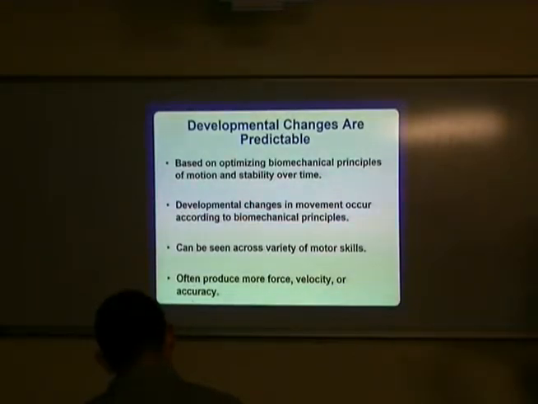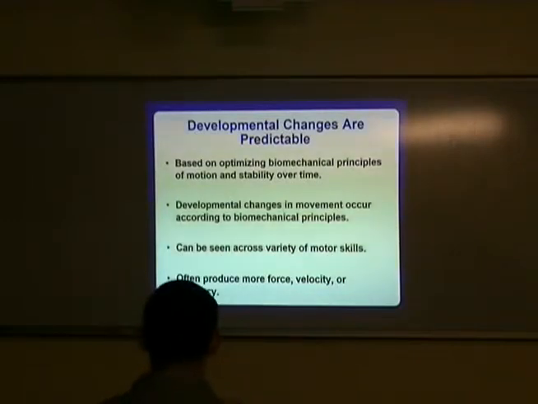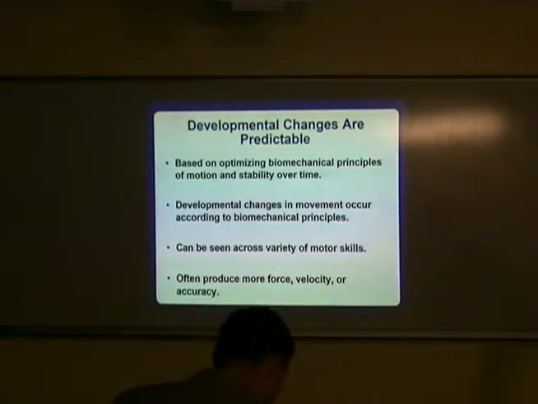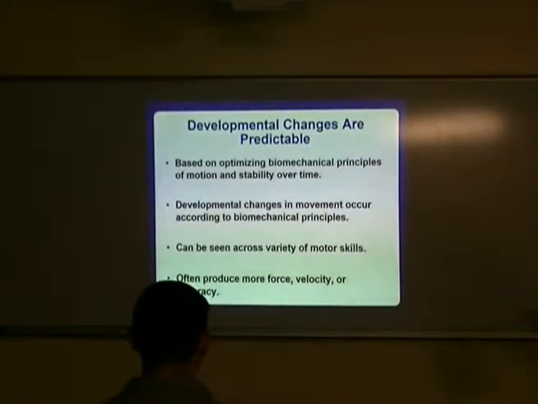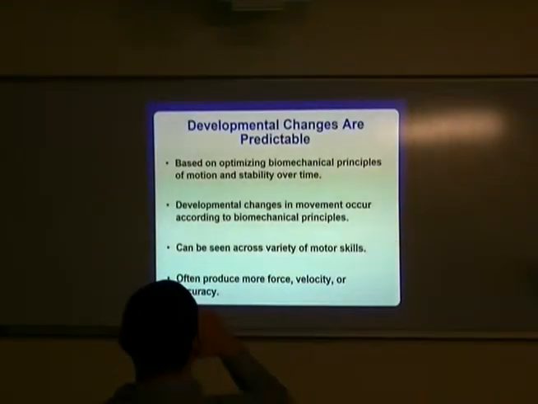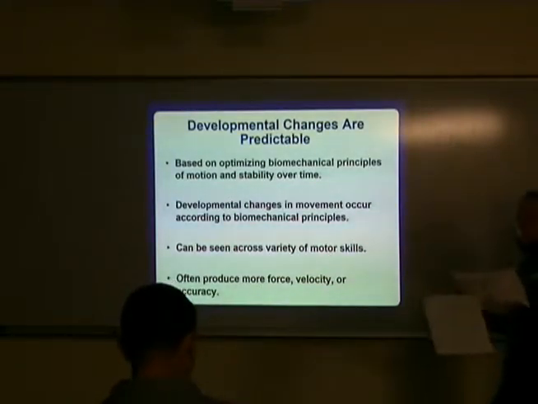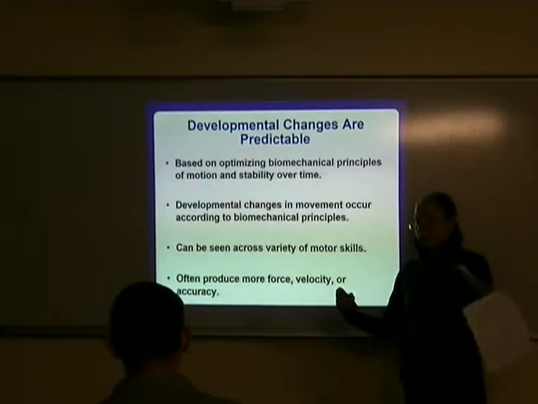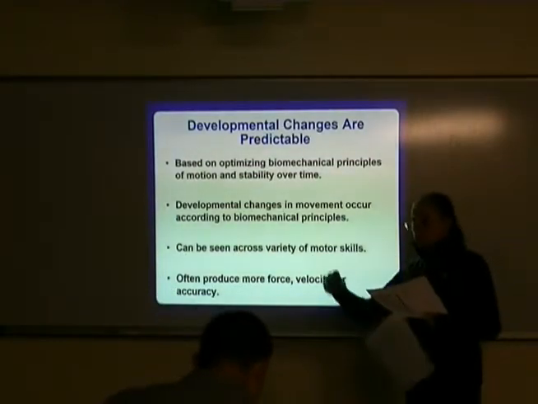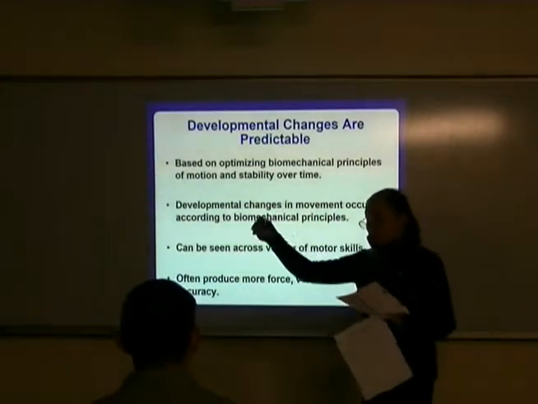So developmental changes occur according to these principles. Our brain is trying to calibrate, or recalibrate if it's something we're already doing, to be as successful as possible within a set of constraints that are changing all the time. That's what we've already agreed on. That's the approach the book takes: when constraints change, they affect the movement pattern.